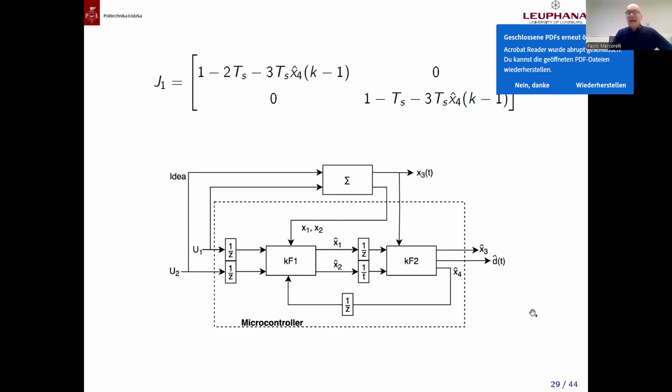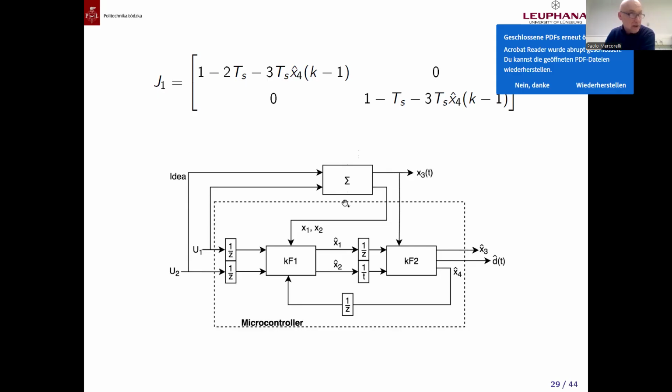To summarize everything here with the scheme. I hope that everything is okay. Yeah, seems to be correct. Look, we have the system. I told you this is a synchronous system, but in any case, we have a system with 4 states and an external signal, the disturbance. Here, the disturbance is not indicated.